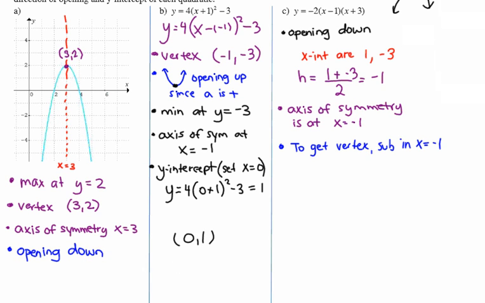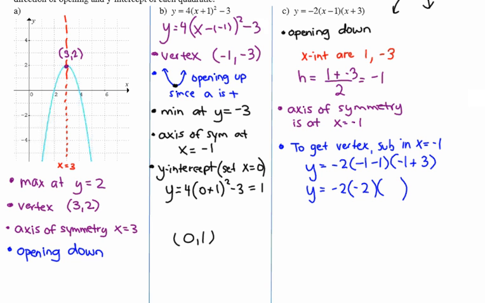Plugging that in is negative 2 times negative 1 minus 1 times negative 1 plus 3. So I subbed in x as negative 1. Negative 1 minus 1? Nope, negative 2.